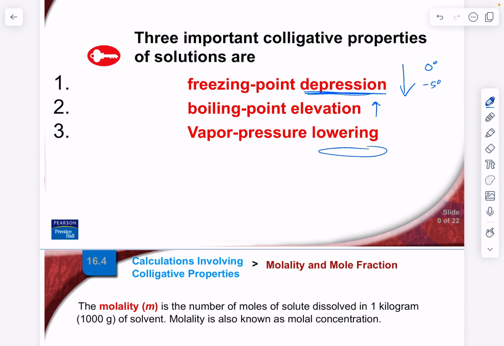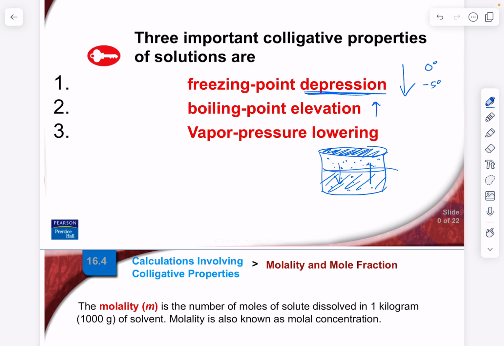Vapor pressure, if we're talking about a container, like a beaker right here, and that's got a solution in it, and we have a cover on top of the container, some of the particles of this solution are going to evaporate, and at a given temperature, you're going to have an equilibrium where some of the molecules in the liquid state will go into vapor, and some of them that are in the vapor will go back down into the liquid, and you reach an equilibrium.